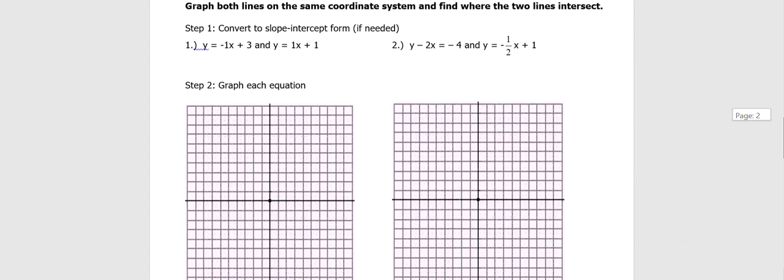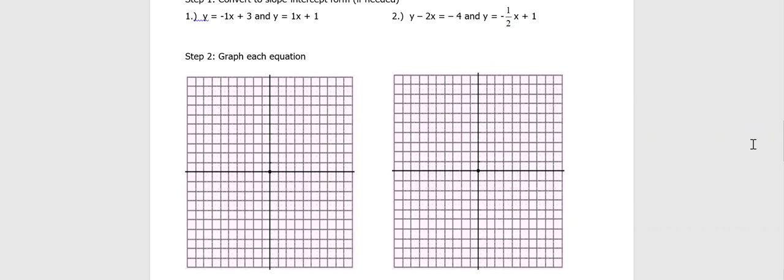The first thing we will do, and keep in mind, anytime we graph, we always want to have a ruler or some sort of straight edge. To start, we're going to graph this first equation at positive 3 on the y-axis. Then we're going to count our slope by counting a rise of negative 1.